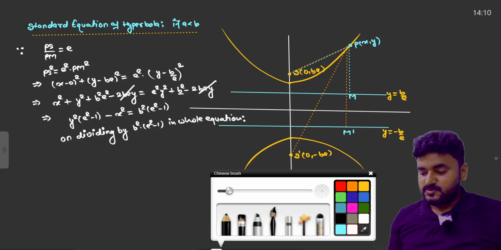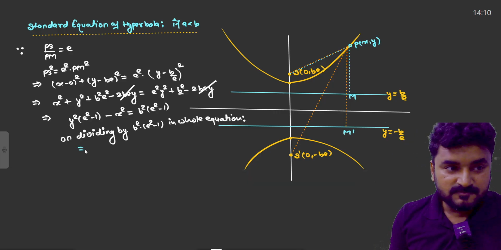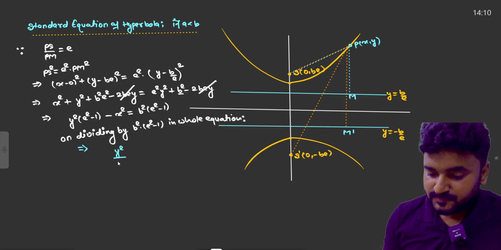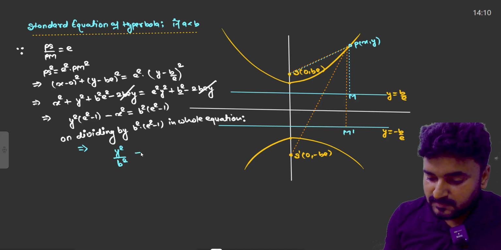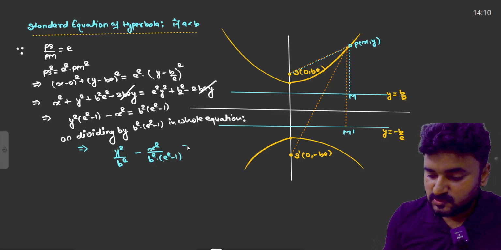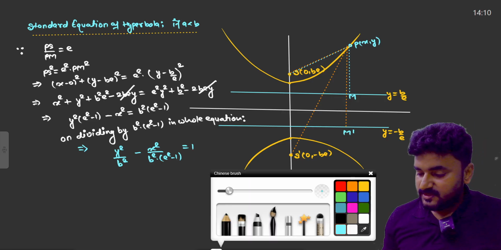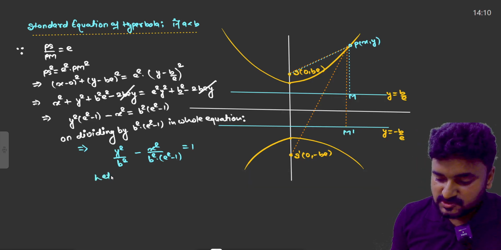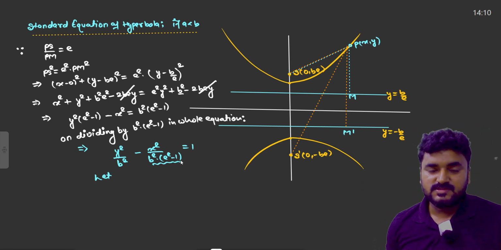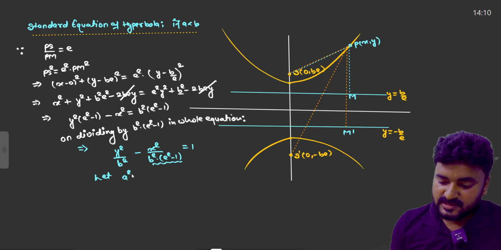So you can see, students, this is y square by B square minus x square by B square into e square minus 1 equals 1. Do one thing, let this B square into e square minus 1 be a square. So let a square equal B square into e square minus 1.